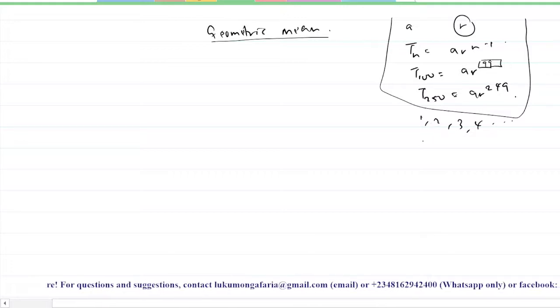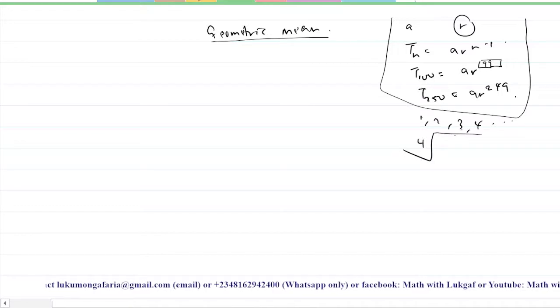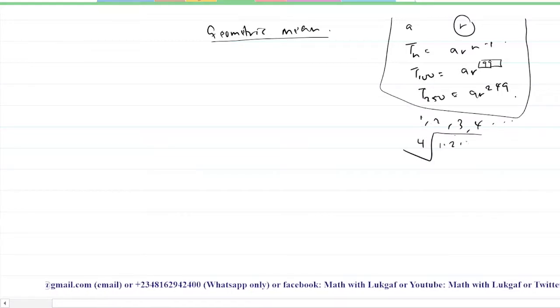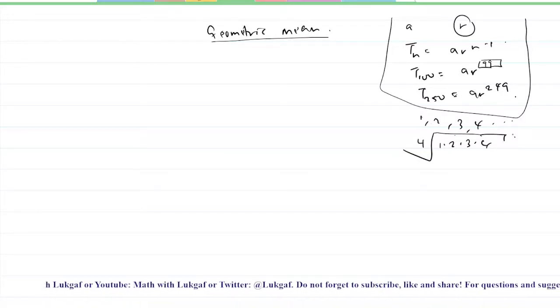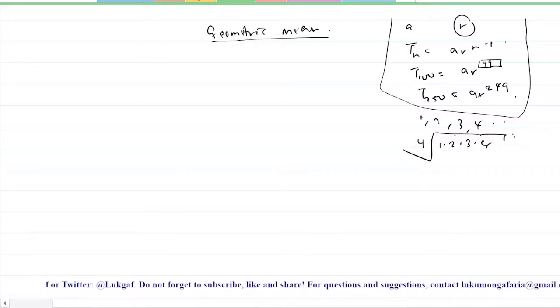Since they are 4 numbers, you are going to find the fourth root of the product of 1 times 2 times 3 times 4. So the idea when you want to find the geometric mean in statistics is more like that of the geometric sequence. It is not difficult to do.